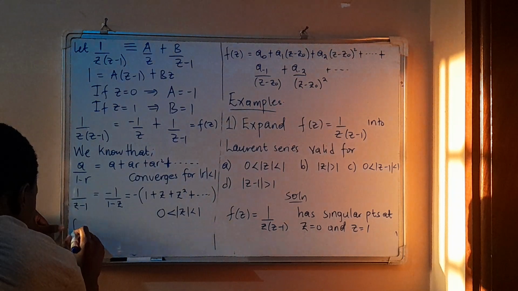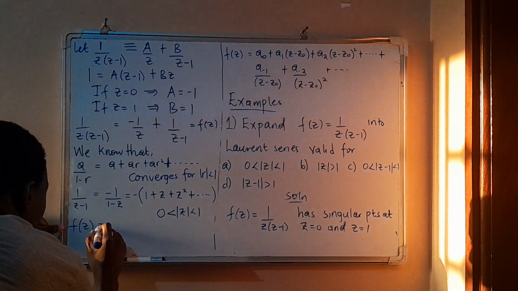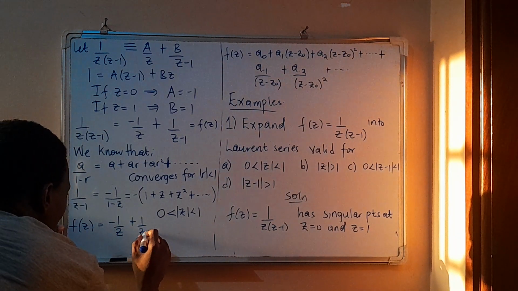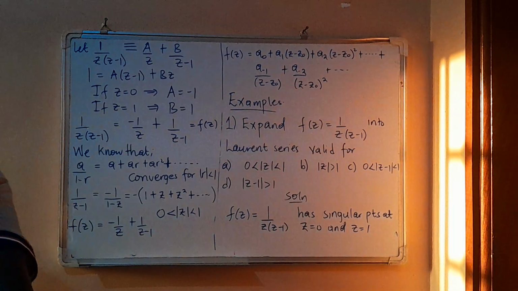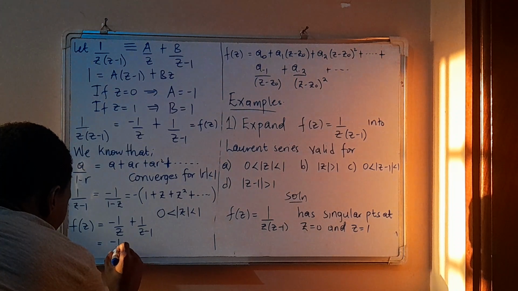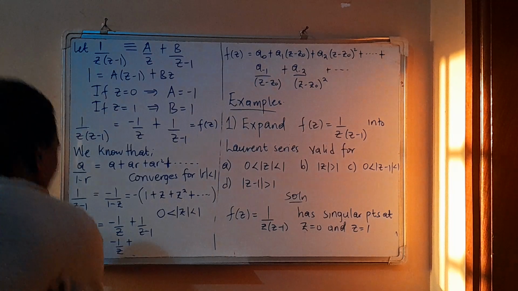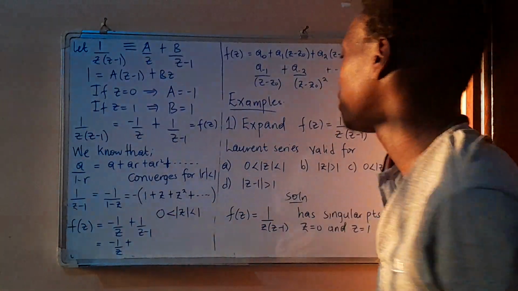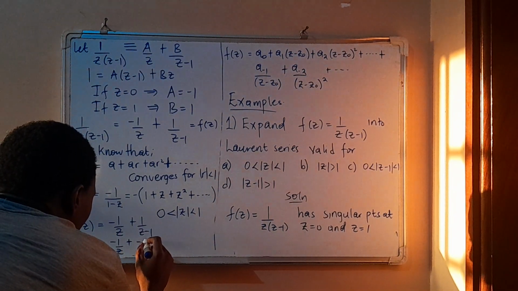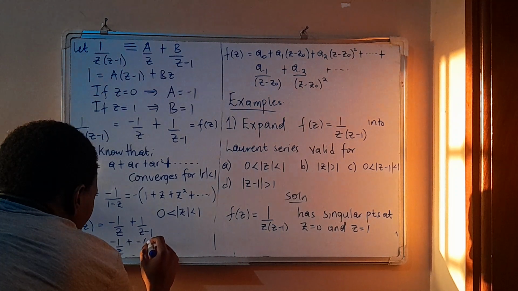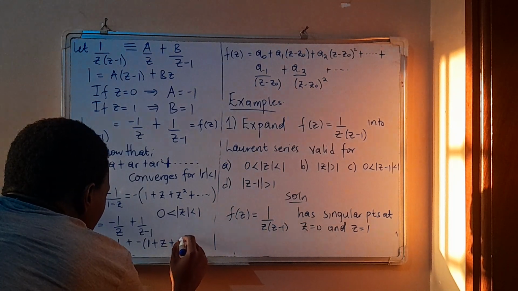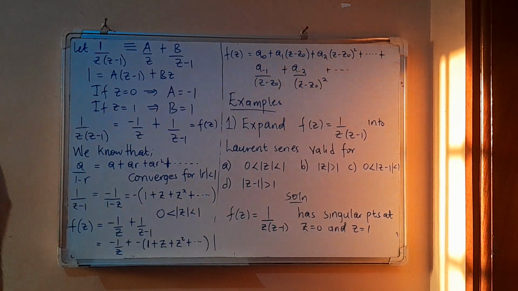So f of z, which is negative 1 over z, then plus 1 over z minus 1. This becomes negative 1 over z, then plus, substitute this, this is equal to negative 1 plus z squared plus.